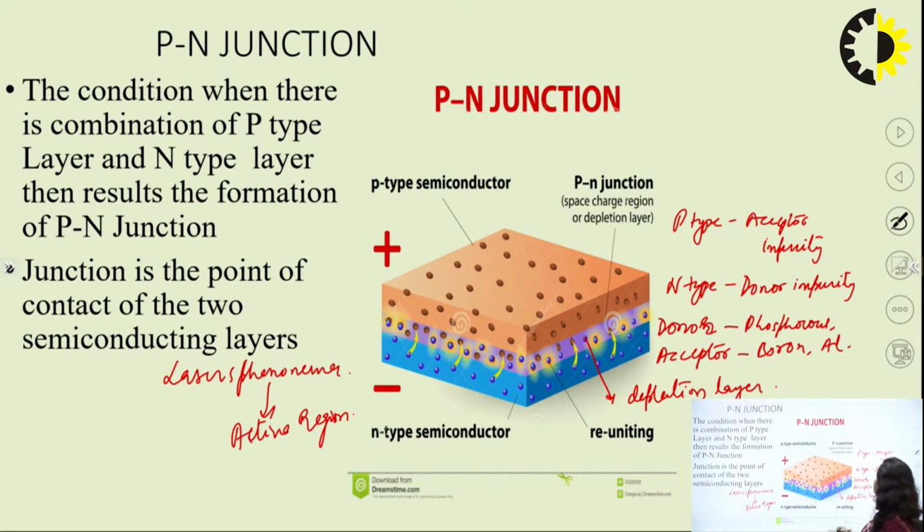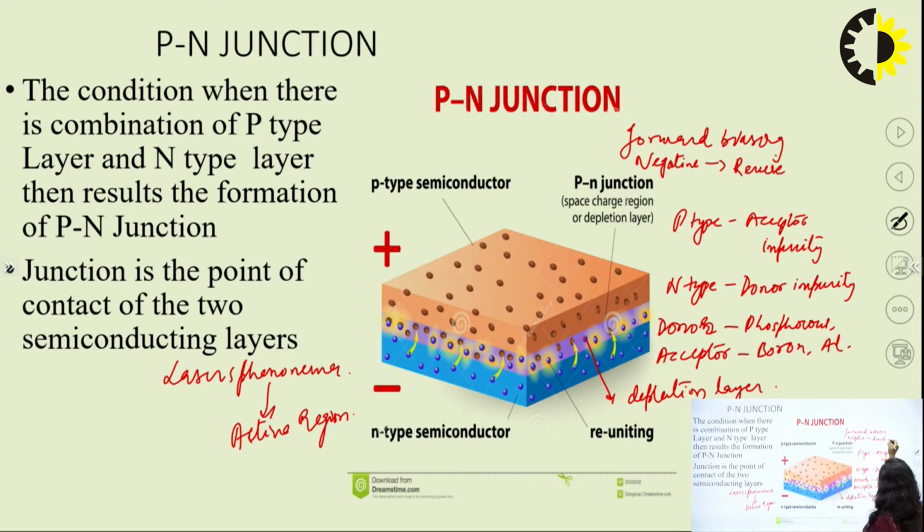It is called forward biasing. When we provide negative to the P type and positive to the N side, it gives you reverse biasing.